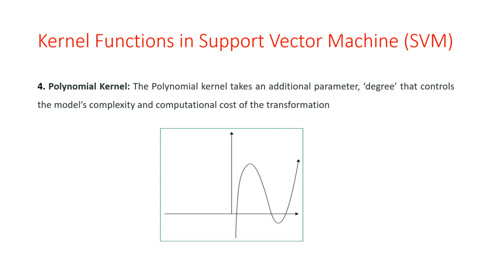What is the use of this degree? It controls the model complexity and computational cost of the transformation. It represents the similarity of vectors in the training set of data in a feature space over the polynomials of the original variables used in the kernel. So these are the different kernel functions used in the support vector machine.